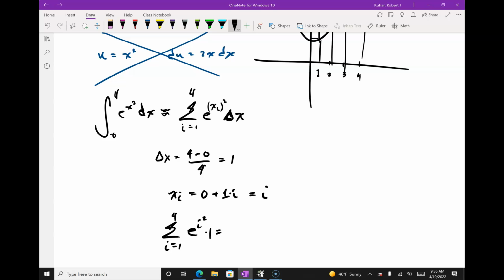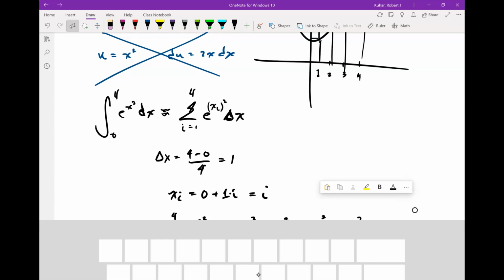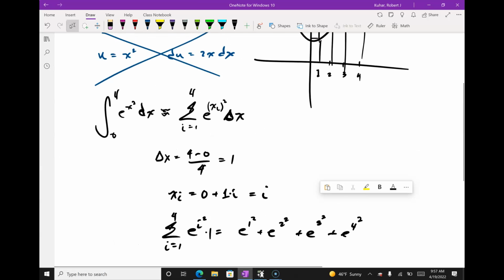So what do I get? I get e to the 1 squared plus e to the 2 squared plus e to the 3 squared plus e to the 4 squared. Everybody with me? I want to try and make this look as pretty as I can.